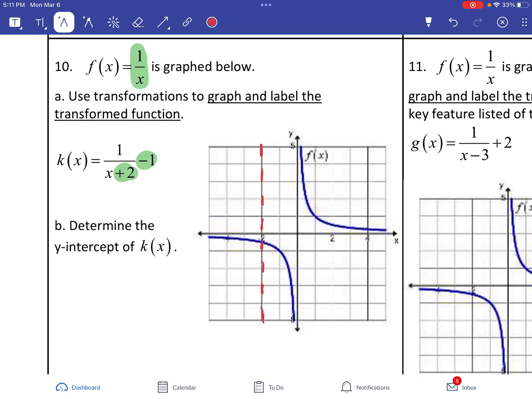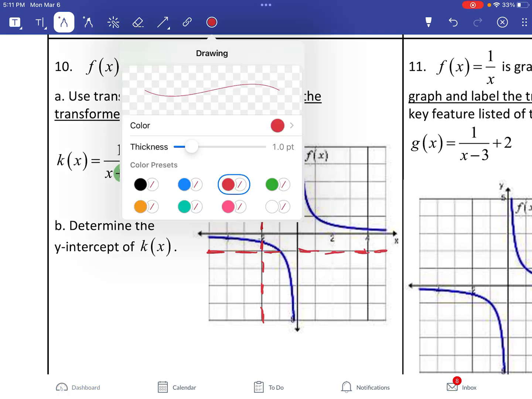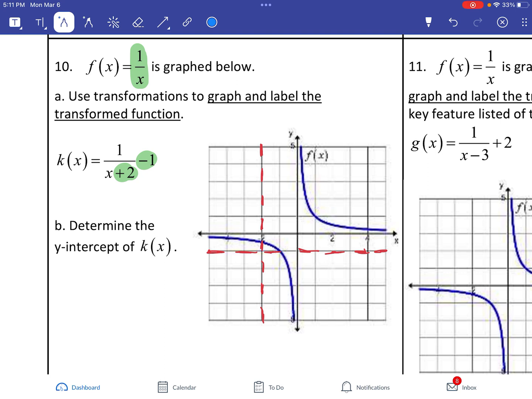And the -1 is a vertical shift, which moves our horizontal asymptote down by 1. So all we have to do then is redraw the graph with that new changed asymptotes. So we're going to have a graph be here, and be here. And that's it. That's all you got to do for the graph part.